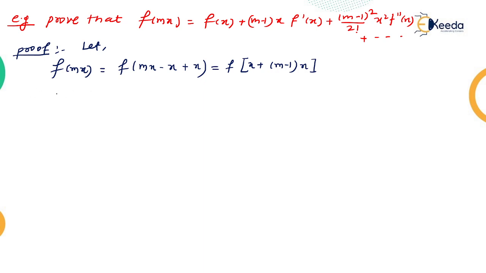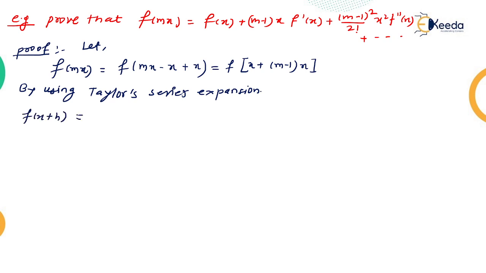Now, by using Taylor series expansion, what will we get here? You know the Taylor series expansion in terms of h: f of x plus h is equal to f of x plus h into f dash of x, plus h square divided by 2 factorial into f double dash of x, plus h cube divided by 3 factorial into f triple dash of x, plus and so on.